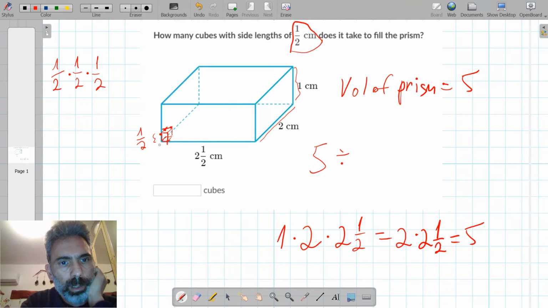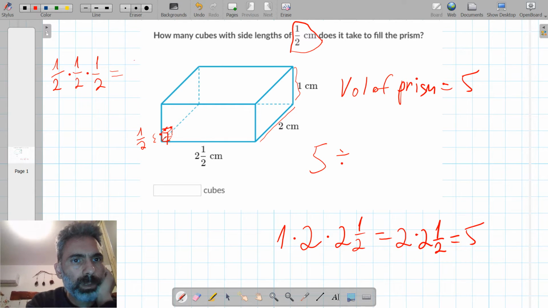Okay, the base is 1/2 times 1/2 times the height. The base times the height gives us the volume of the small cube. So the base is 1/2 times 1/2 times the height of the base, times the height of the cube, which means the volume of the small cube is 2 times 2 is 4, 4 times 2 is 8, 1/8.